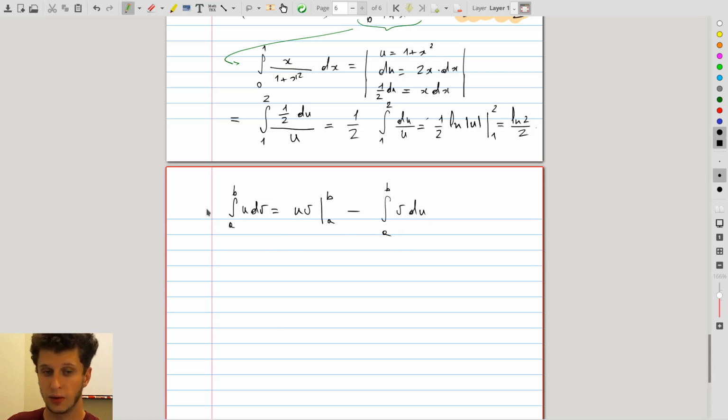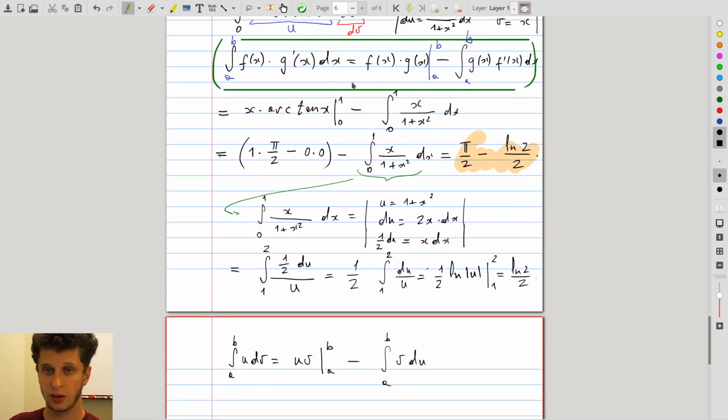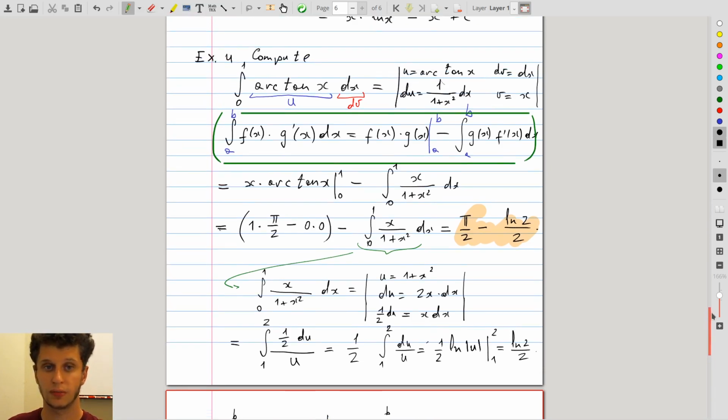You should be aware that a and b refer to the independent variable here. So a and b are the values taken by x. u and v are both functions of x. Implicit form of these functions can be seen from this line in green over here. So that is how you use integration by parts for definite integrals.